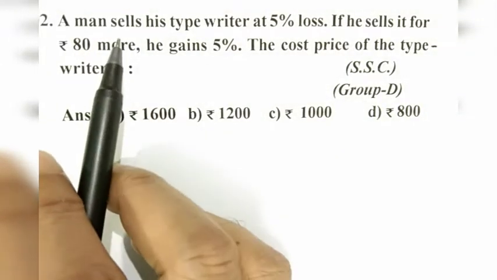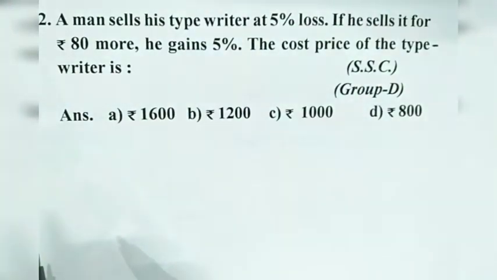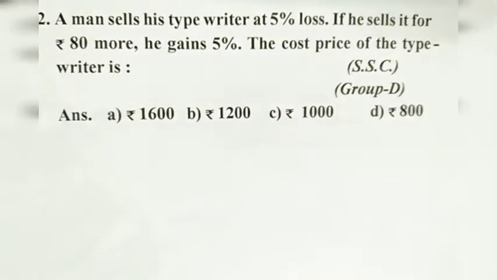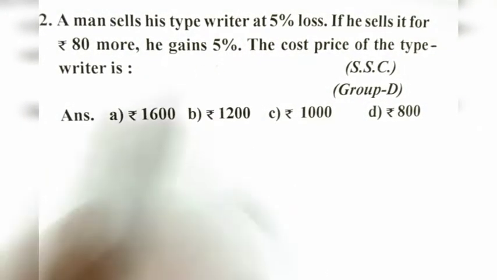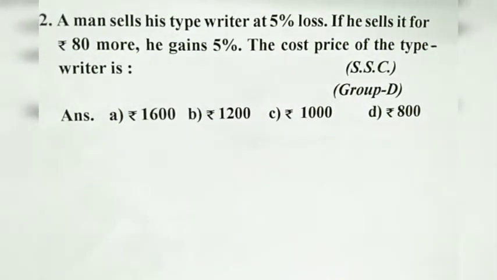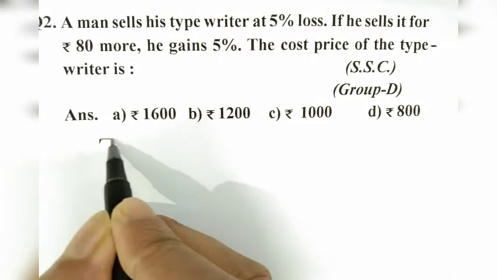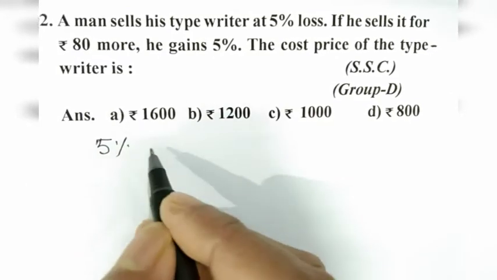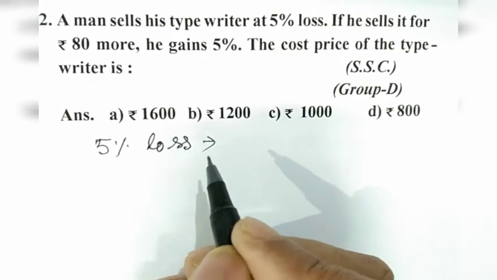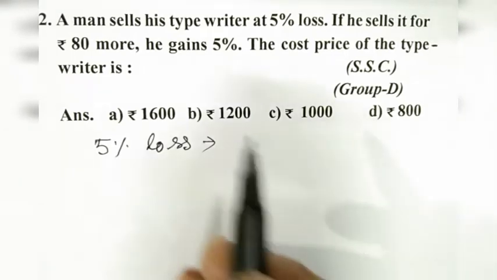A man sells his typewriter at 5% loss. If he sells it for rupees 80 more, he gains 5%. The cost price of the typewriter is? Okay. Here 5% loss, you know it is upon cost price. Okay.